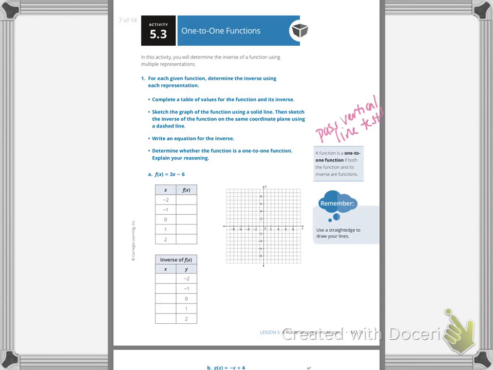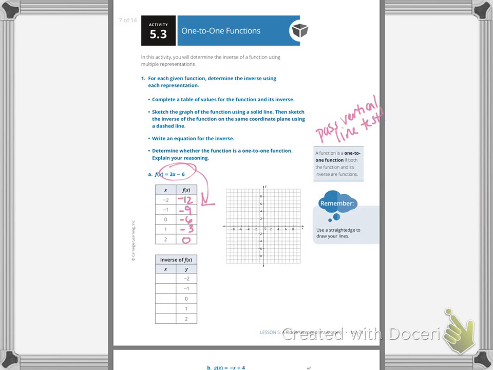which I'll talk about. Okay, so to find this, you can plug this into your calculator and then look at your table. If I plug it in, I go to my y equals, I do 3x minus 6, I go straight to my table. Okay, at negative 2 the answer is negative 12, negative 1 is negative 9, 0 is negative 6, 1 is negative 3, and 2 is 0.